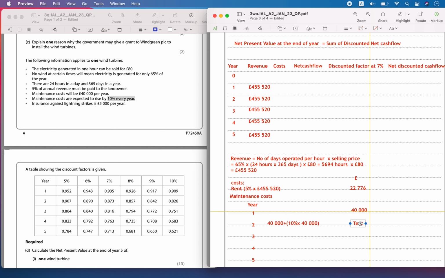So the maintenance cost for the second year is going to be equal to 44,000. And then you have the third year.